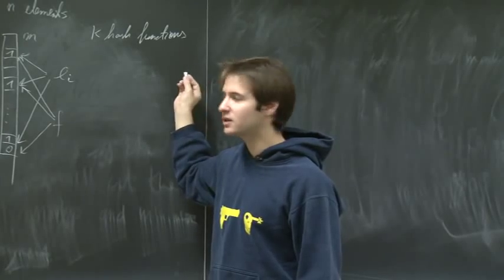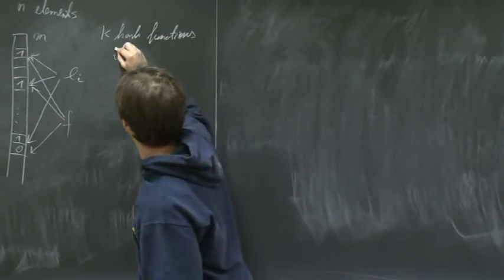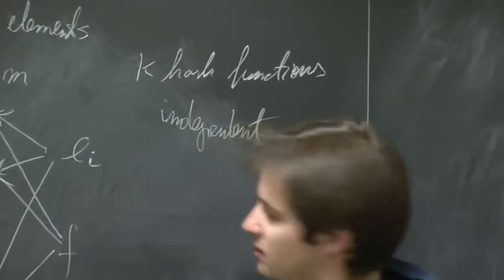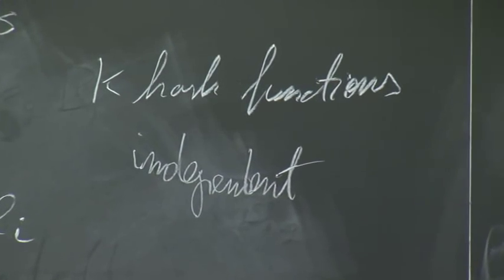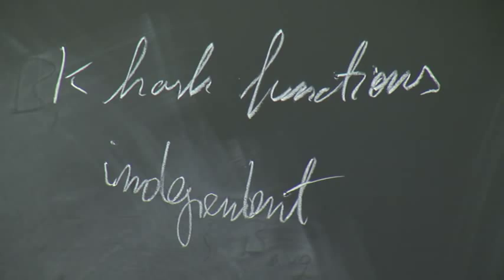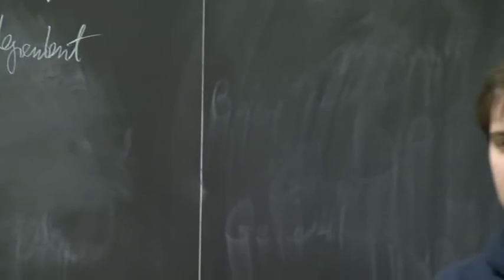I'm not sure if that's the right thing, but they all have independent values from each other. So for any number you give, any hash function returns a value that's independent of all the other hash functions, and they're all 0 through n minus 1.